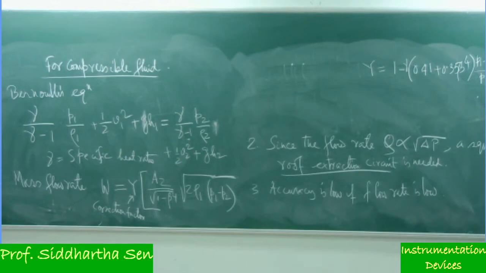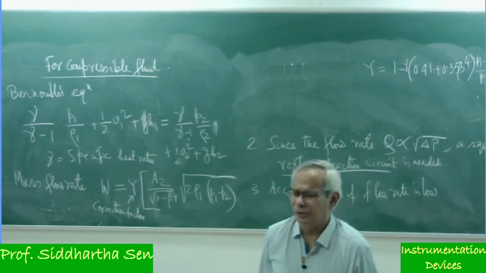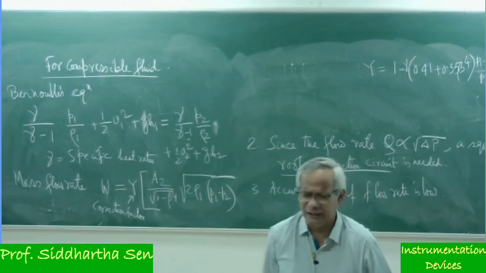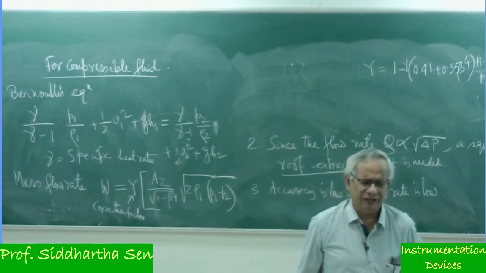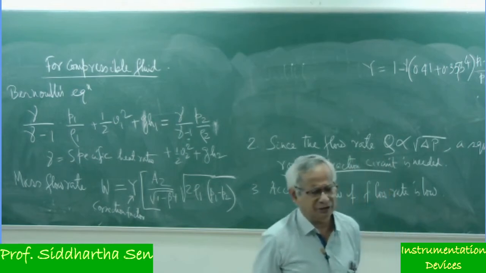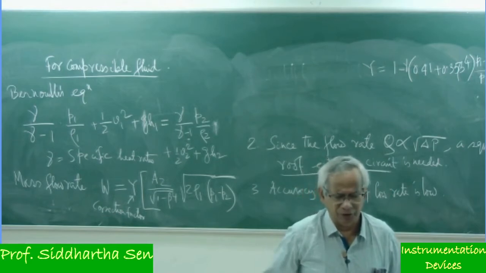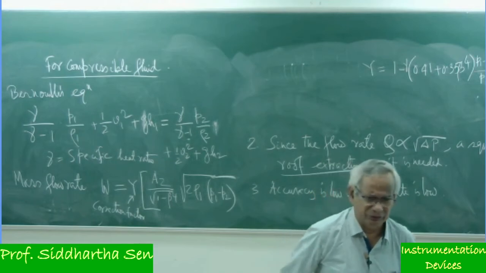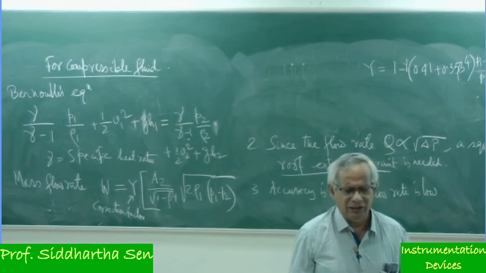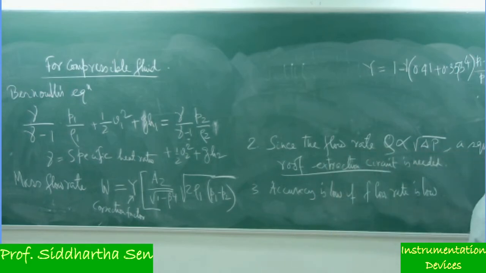But what I wanted to say is that it is also possible to measure the flow rate of compressible fluid, that is air or gases, those in gaseous state. But in this case, the measurement is in terms of the mass flow rate, and we also need to put some extra correction factor, which includes gamma, that is the specific weight ratio. Okay.